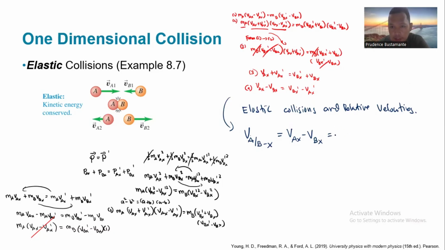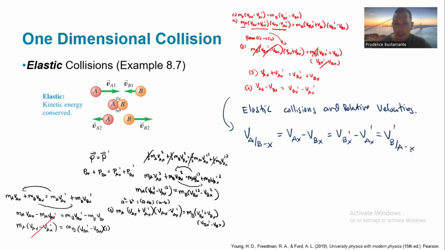This is actually equal to the final velocity of B minus the final velocity of A, the velocity of B with respect to A.